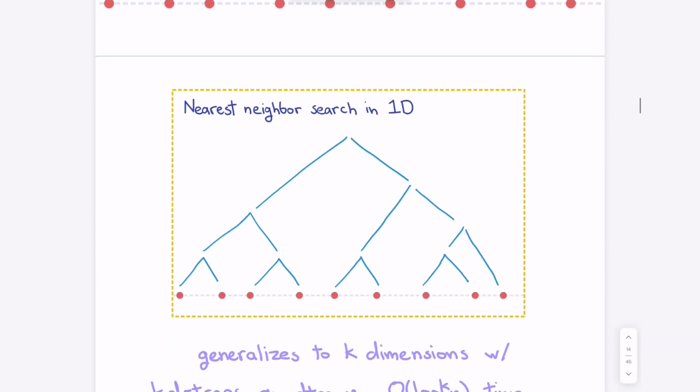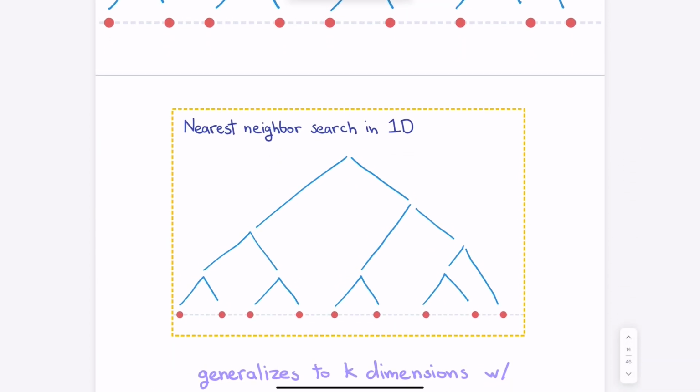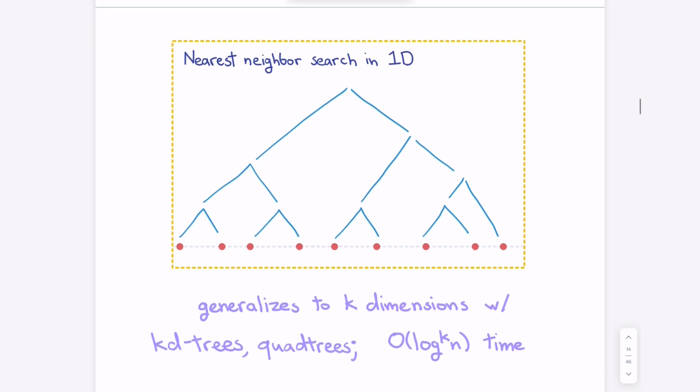This also works in high dimensions. You can take the binary tree idea and do it in 2 dimensions, 3 dimensions, 4 dimensions. But does anyone know what the running time is? How it scales with the dimensions? Usually most of them are going to be something like log to the k of n. So 1 dimension is log n, 2 dimensions is log squared n.